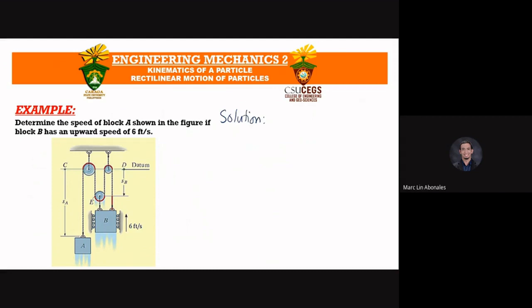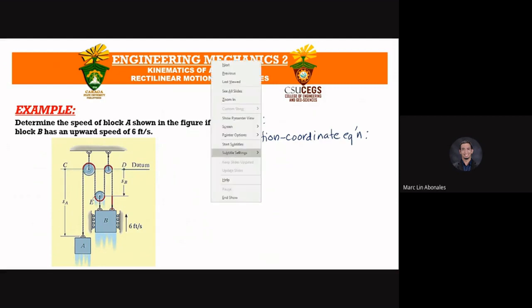The first thing for you to solve this problem is to establish the position coordinate equation. The position coordinate equation represents the total chord length in your pulley system, and it will be represented with the variable L, which represents the total chord length excluding the other chord lengths whose length will not change.